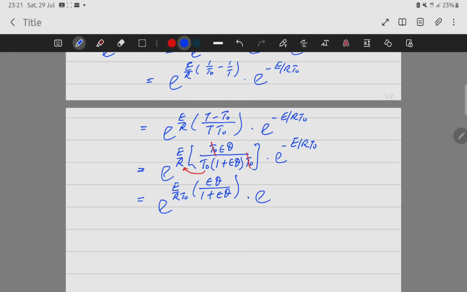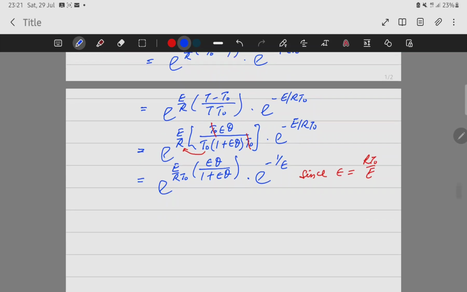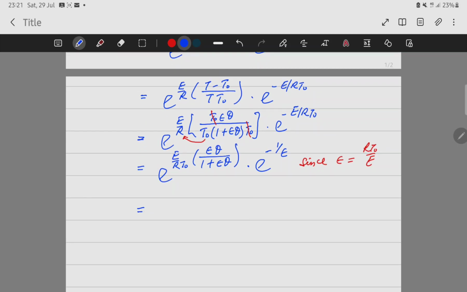Then dot e raised to power minus E over R T naught, where epsilon is equal to R T naught divided by E. So let's continue. E over R T naught will be 1 over epsilon, into epsilon theta divided by 1 plus epsilon theta, then into e raised to power minus 1 over epsilon.